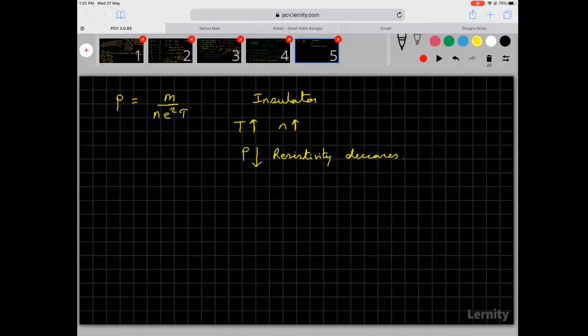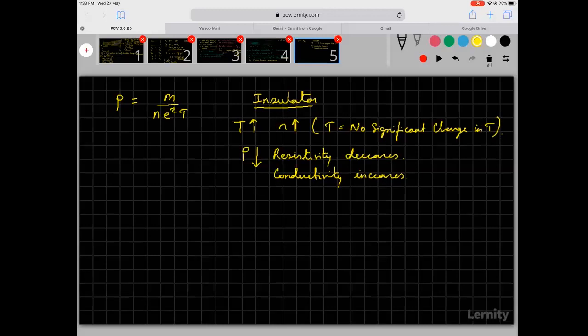If resistivity decreases, conductivity increases. So insulators are better conductors at high temperatures, because there is no significant change in tau value. Tau value is the time between collisions. So this is the story for an insulator.